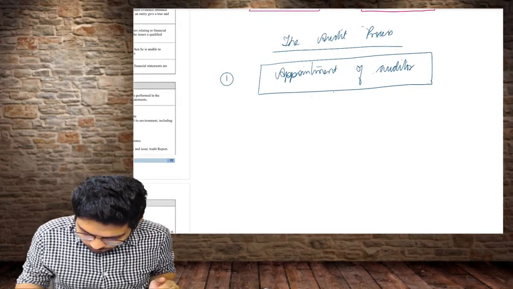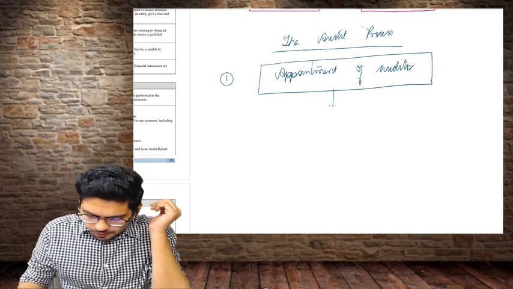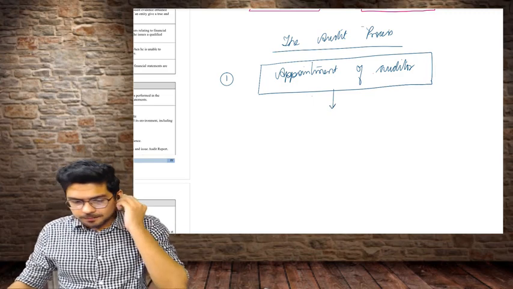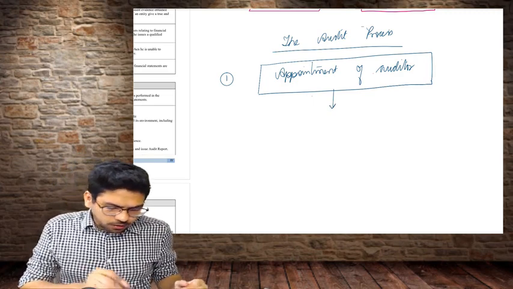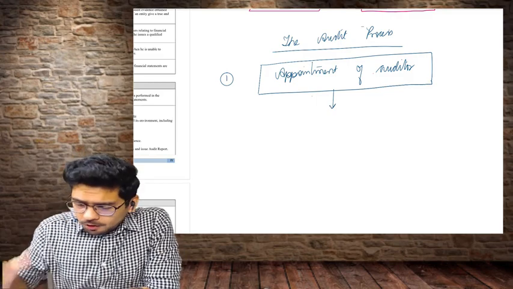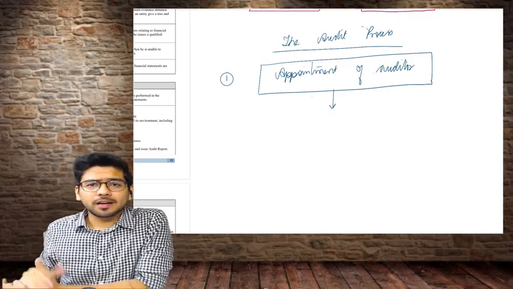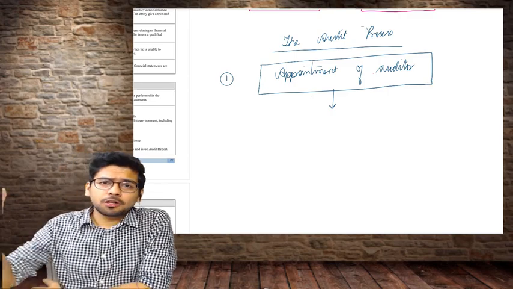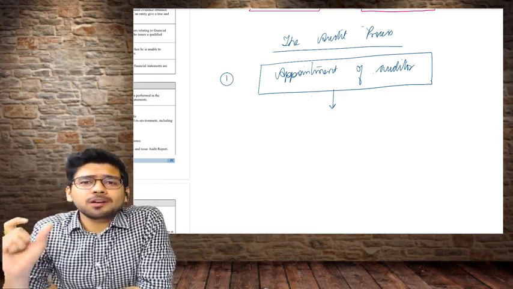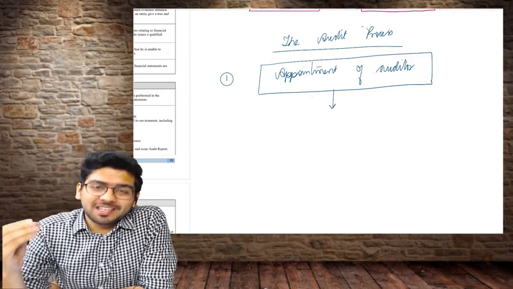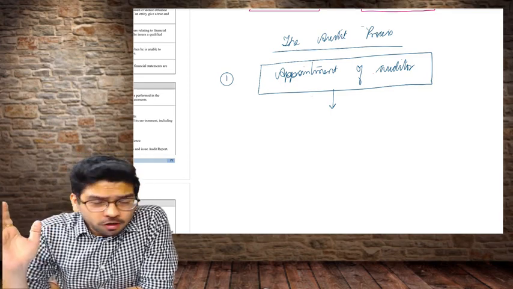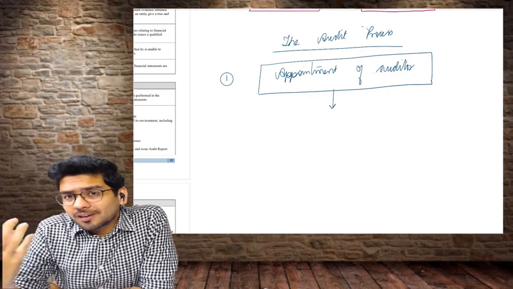Now when I say appointment of auditor, try and understand this: regarding appointment of auditors also, the management cannot randomly just appoint any auditor and get the audit work started. How will the auditor be appointed? Generally, in most cases, it is given in your law, in the respective laws.